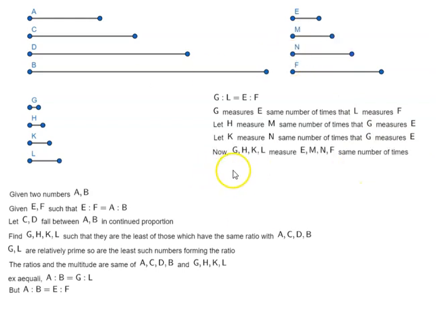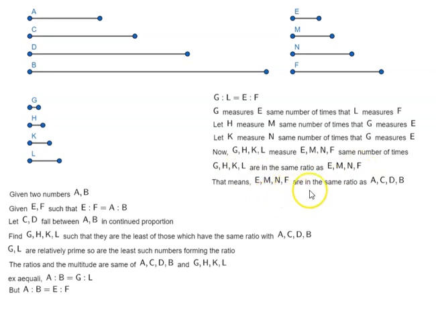So G, H, K, L measure E, M, N, F the same number of times, because while building this, we maintain the ratios. Now G, H, K, L are in the same ratio as E, M, N, F. That means E, M, N, F are in the same ratio as A, C, D, B. Why?